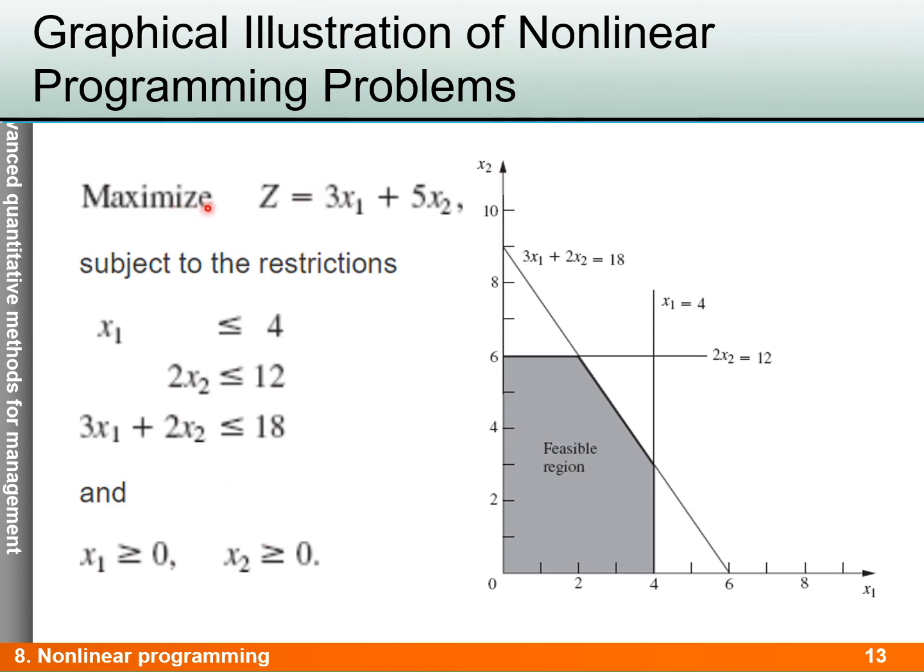My objective function is maximizing 3x1 plus 5x2 subject to x1 less than or equal to 4, 2x2 less than or equal to 12, 3x1 plus 2x2 less than or equal to 18. And we know our variables should be non-negative. This exactly comes from the table of the last slide.